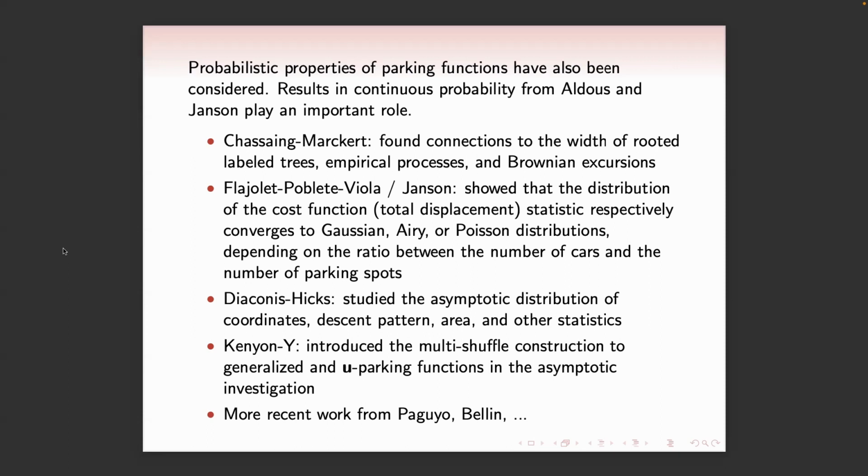So people have found that there is an Airy distribution, and then the Gaussian distribution, and then the Poisson distribution and some other results. And I wanted to mention that some of the results are not really typo versions.